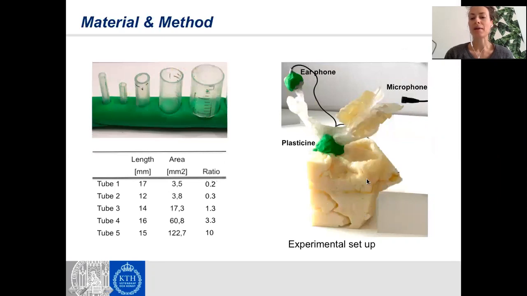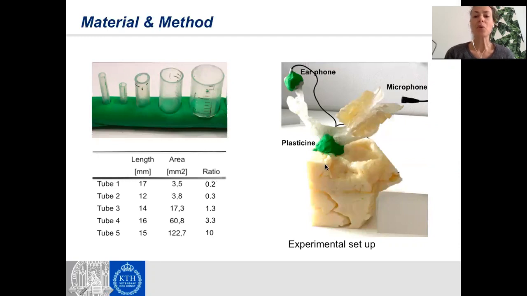It's the other way around. Here's the nose, here's the hard palate, and this would be the velopharyngeal region, and this is the vocal tract, tightly seated by means of plasticine, and here's an earphone which provides a sine sweep excitation which travels through the system and is picked up here by a microphone at the lip opening.